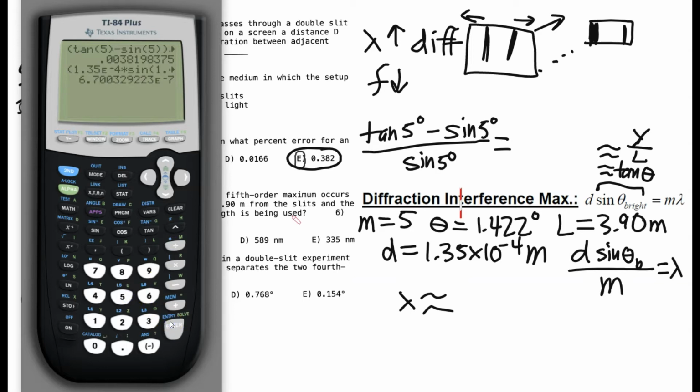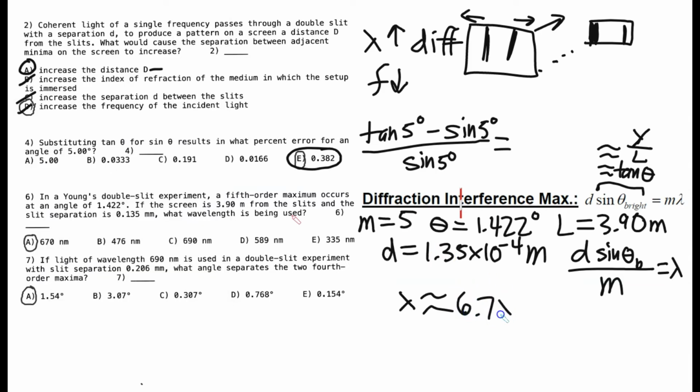Okay, so we've got 6.7 times 10 to the minus 7th, and that's going to be meters. But remember, as we discussed before, the most common scale used for visible light is nanometers. So this would be 670 nanometers, because nano is times 10 to the minus 9th.